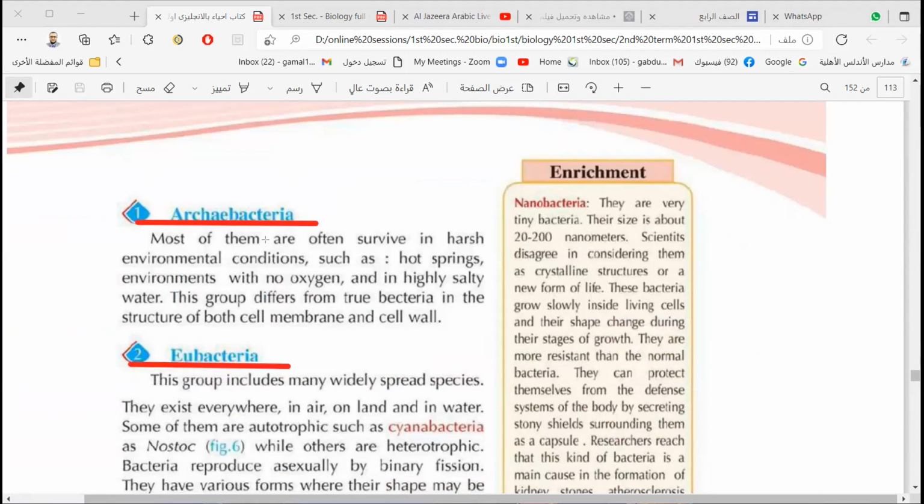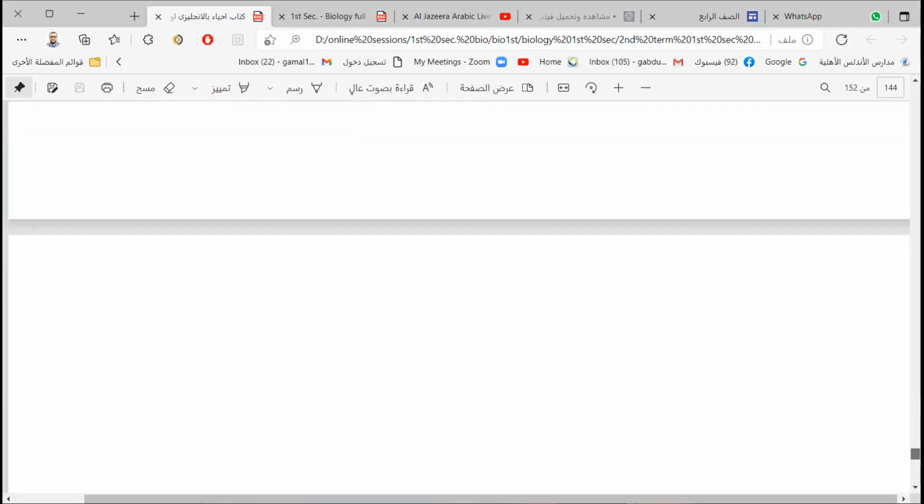The old bacteria, most of them often survive in harsh environmental conditions, such as hot springs, environment with no oxygen, and highly salty water. These old bacteria, or archaeobacteria, okay, this is the answer of the question. Okay, let's go back to the exercise.